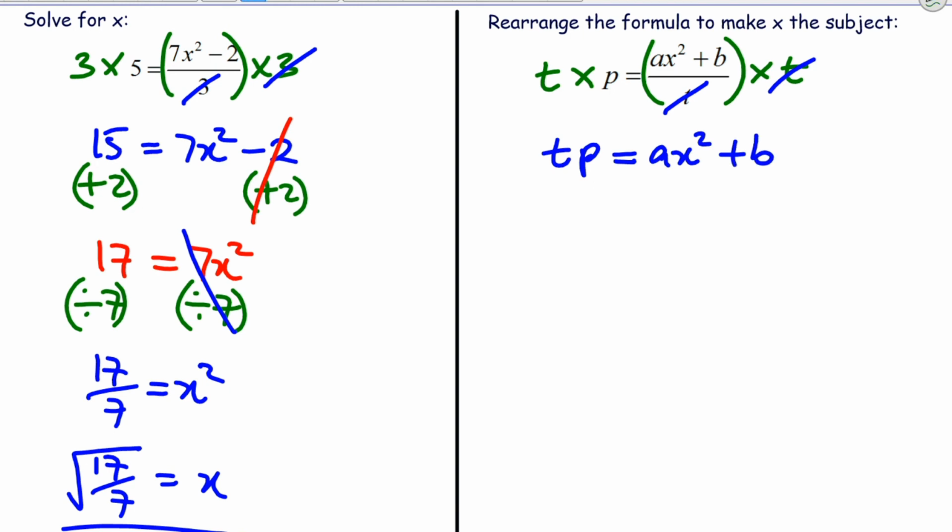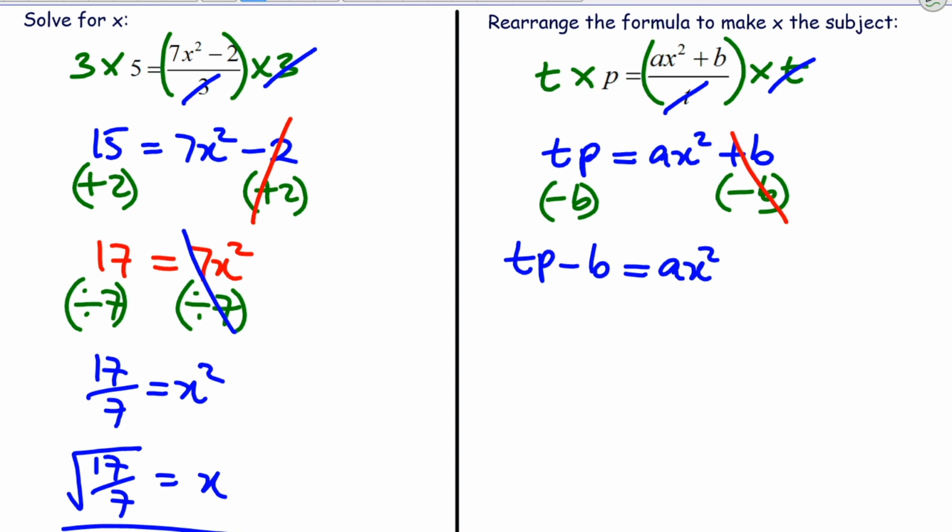The next step is subtracting b on each side. So we will be left with tp minus b is equal to ax squared plus 0, because b minus b will be equal to 0.